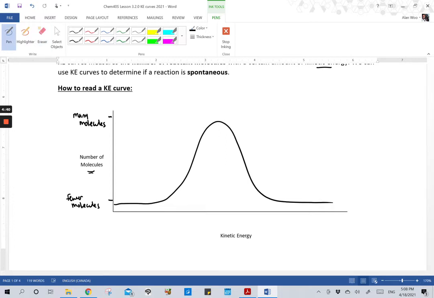On the kinetic energy scale, at this end, we have low KE. In the middle, we have moderate KE. And over on the right-hand side, we have high KE.